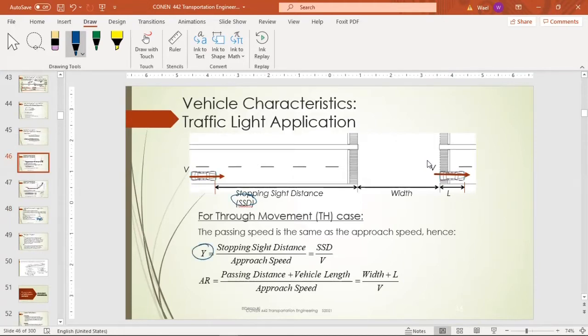Then the yellow time will be the stopping sight distance divided by the approach speed V. Of course, the stopping sight distance equals V, the speed of the approach, multiplied by the PRT, the perception reaction time, plus V squared, because V final is zero since the vehicle is going to stop, divided by 2g times f plus or minus 0.01 G%, which is the grade of the road, if there is a grade.